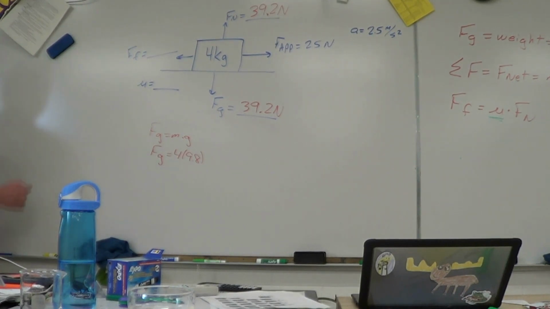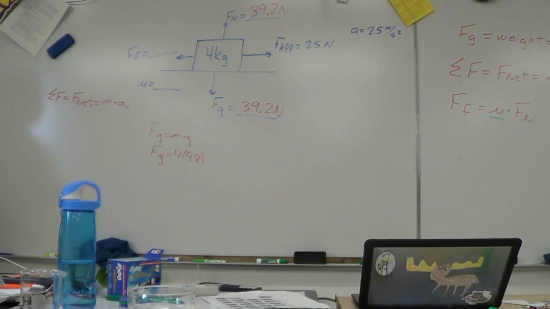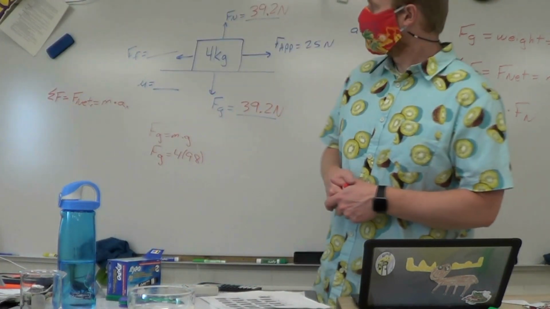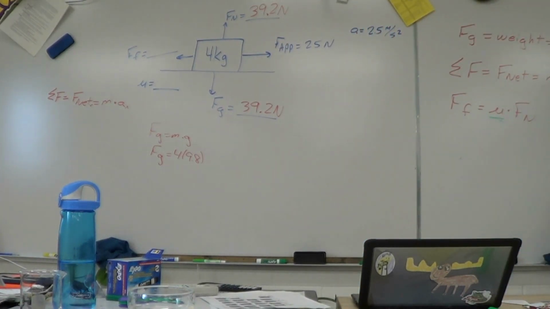So then you've got to go to Newton's second law, and I'll pause in a moment to let you do this. Building this equation is an important step in these problems. So Newton's second law says the sum of all my forces, I'm talking specifically in the x direction, is equal to mass times acceleration in the x direction.